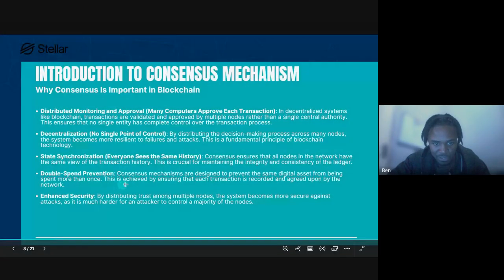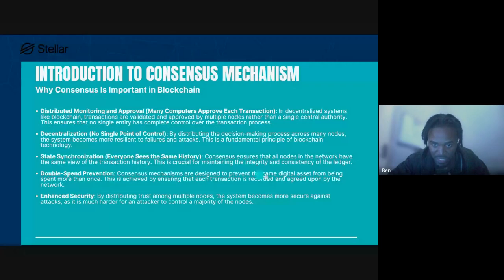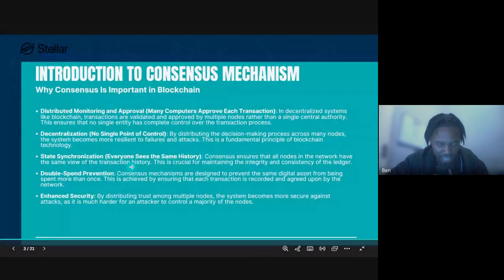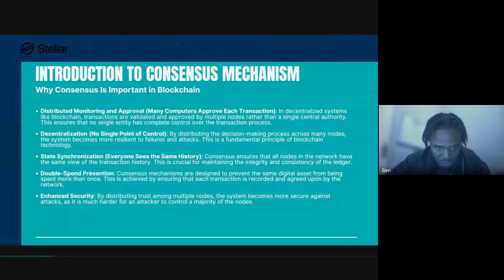So with a consensus mechanism, it prevents that from happening, because you're going to know once you send something, when your transaction is confirmed, then you know for sure that you spent that money and nobody can cheat you from that.